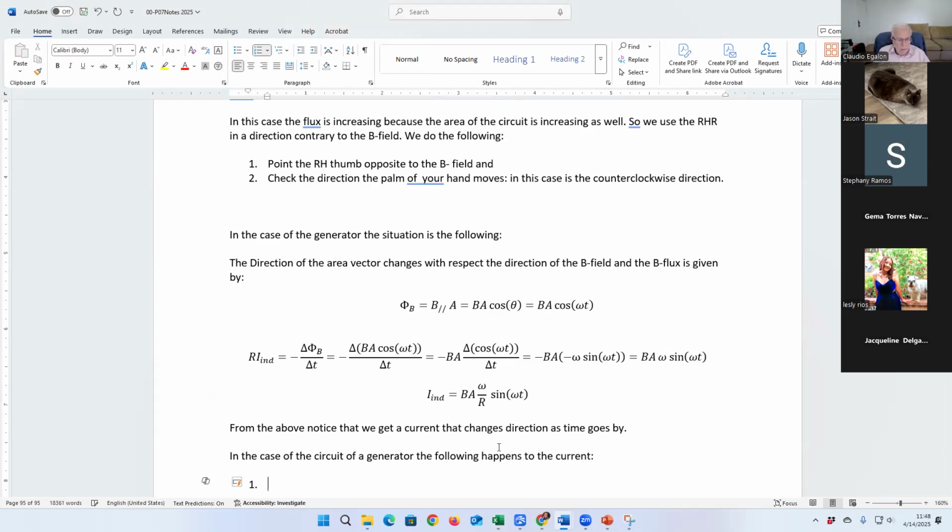One, at time t equal to zero, the current is zero.